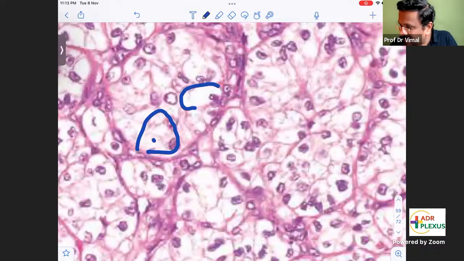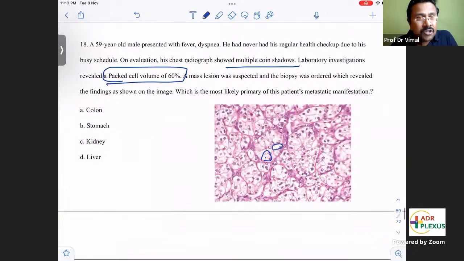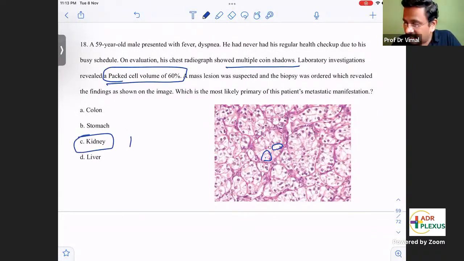With this clear cell morphology and erythropoietin production as a paraneoplastic syndrome causing polycythemia, the diagnosis is kidney, that is RCC, renal cell carcinoma. Clear cell renal cell carcinoma is the commonest variant. Also remember, both RCC and hepatocellular carcinoma produce erythropoietin and cause polycythemia as a paraneoplastic syndrome.